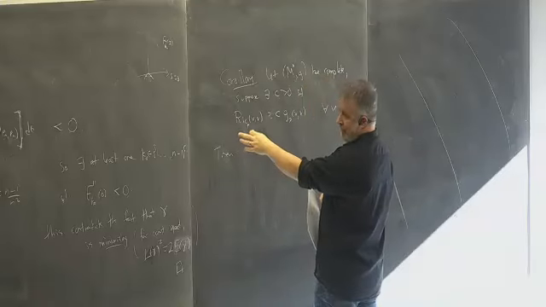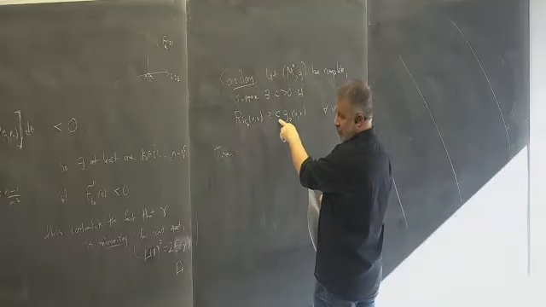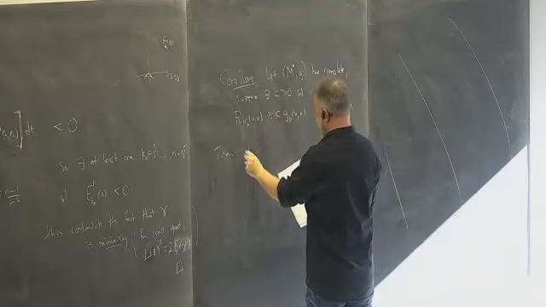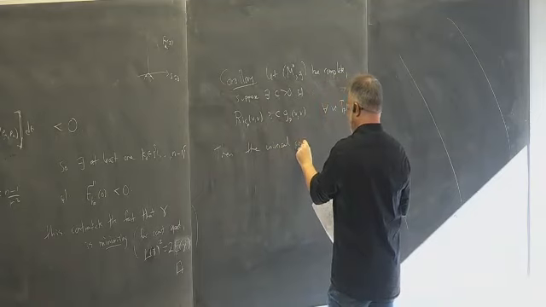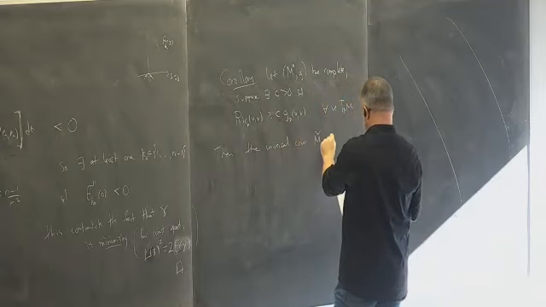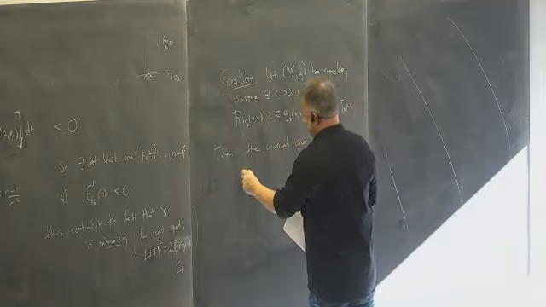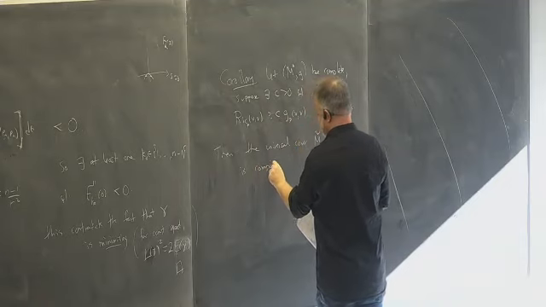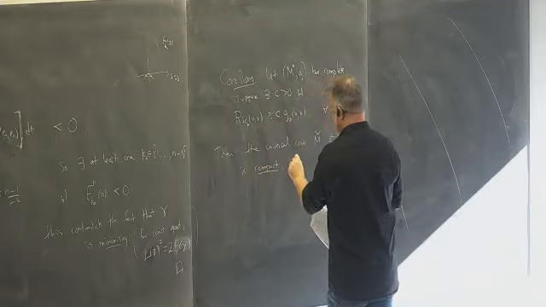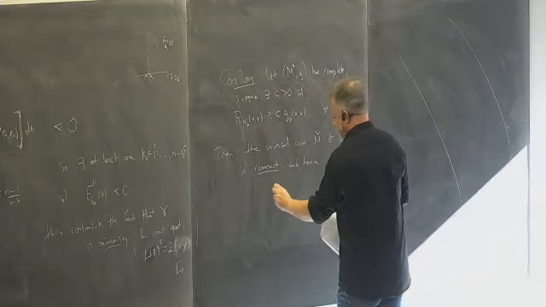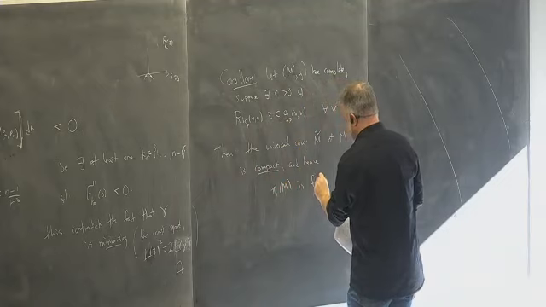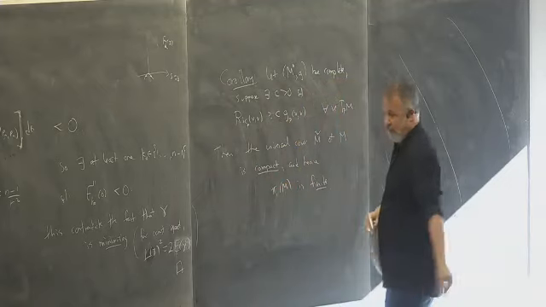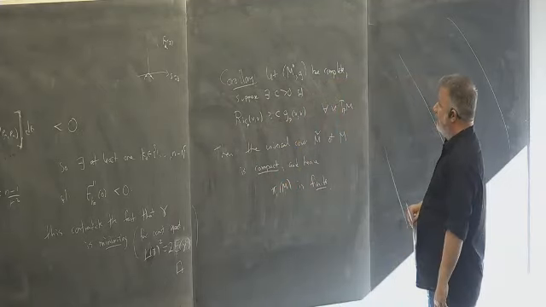It's the same assumptions as before, because I can always write this as n-1 over r squared. Then the universal cover M tilde of M is compact, and hence pi 1 of M is finite. The fundamental group of M is finite.